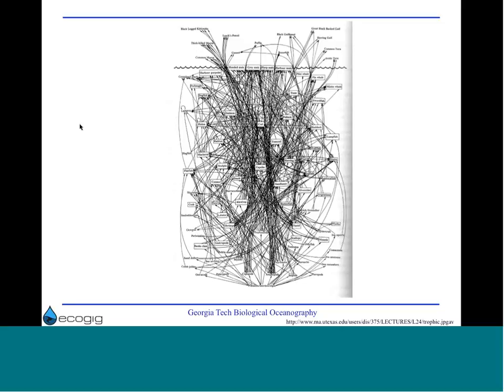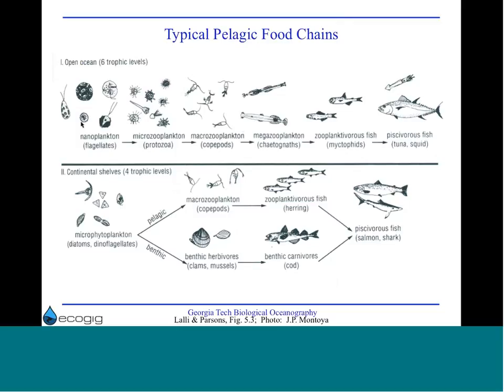And don't worry about any of the labels, just take my word for it that this is an attempt to really crystallize what it is cod feed on and how those organisms are related one to another. It's a mess. There are multiple connections, multiple species, and it's very, very hard to really tease apart how the pathways are interconnected and which are the dominant pathways.